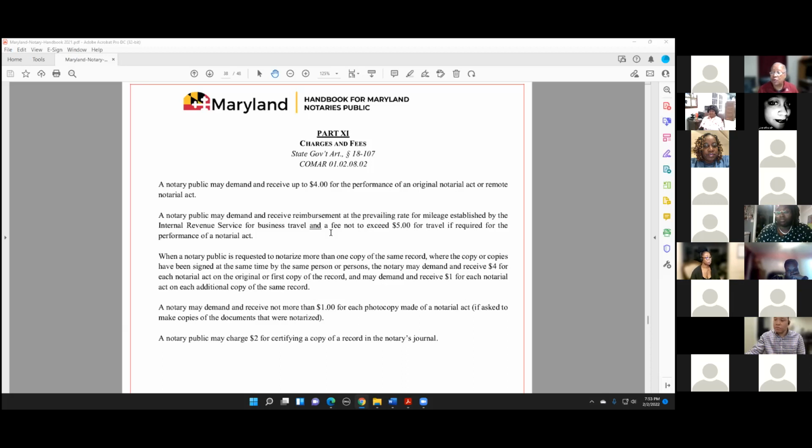So you charge them for 20 miles for traveling to them, plus a fee of $5 to do that notarization. So you charge them $18 plus 20 times 58.5 cents, plus $5.